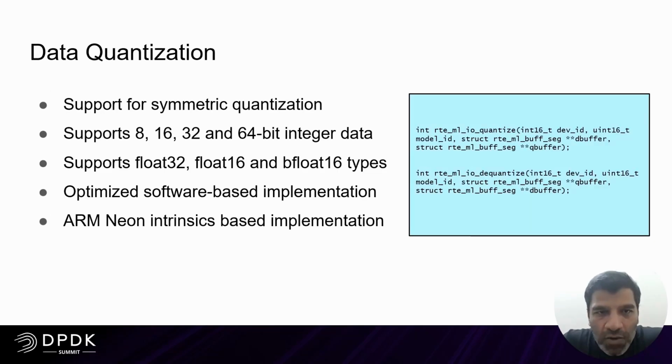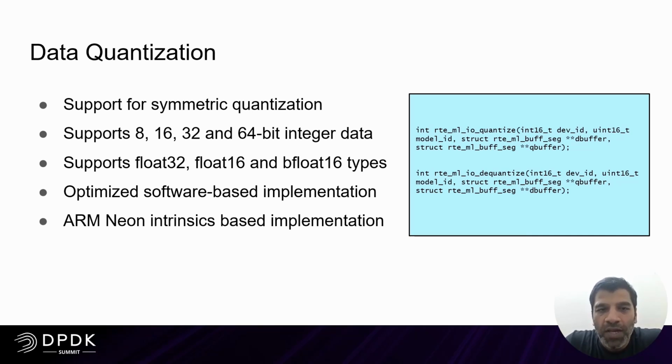The next set of APIs that I would like to discuss are related to data quantization and dequantization. Now, data quantization is basically conversion of data from a higher precision type to a lower precision type. Use of this lower precision type of data for inference operations would improve the computational performance of the model, with a loss of precision which is usually in an acceptable range.